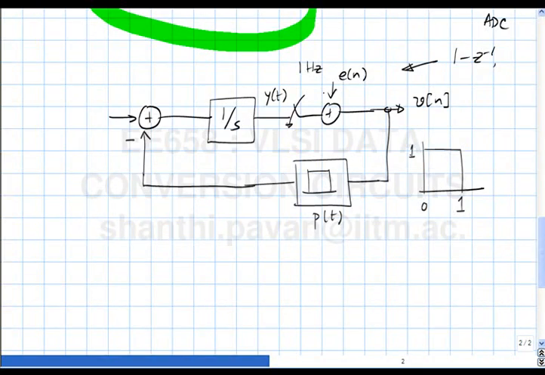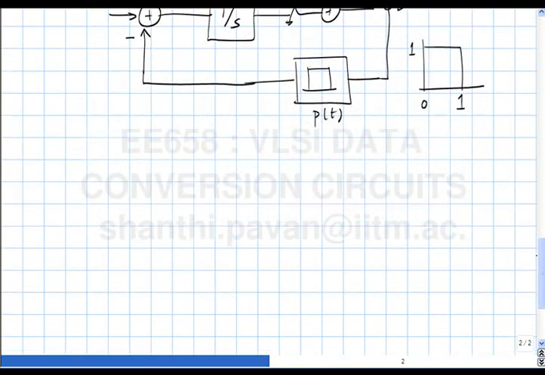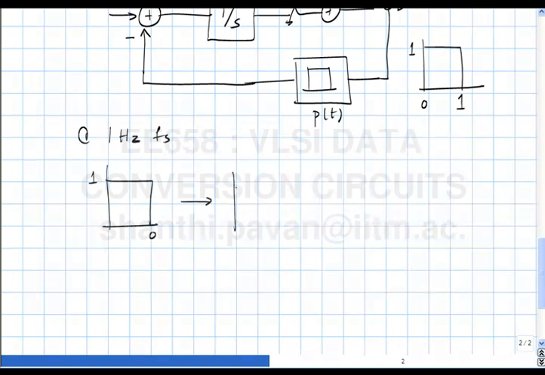Earlier, everything was working nicely because at 1 hertz sampling rate, the pulse shape was this, P of t. This went into an integrator giving rise to a continuous time output like this.